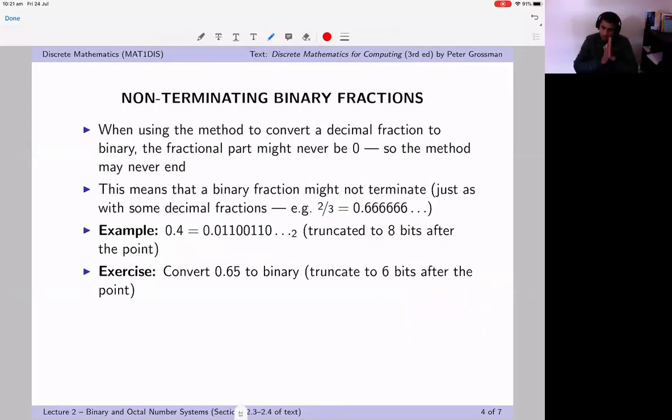Now the question is: convert 0.65 to binary. If we are asked to do that, maybe you want to have a go at this question. If you have a pencil and pen handy, just try to have a go at it and see what binary expansion you're going to get. I will do the question afterwards, but you first have a go at it, and then once I do it, we'll check how our attempts were.